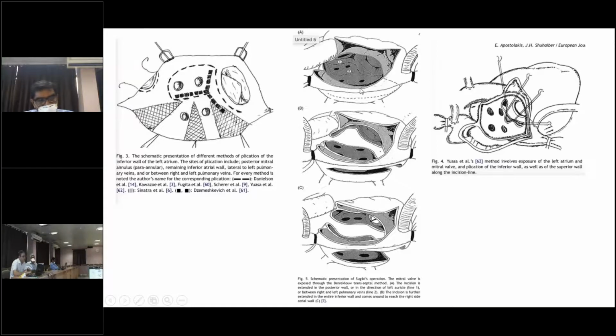This is the method which was proposed by Seguicki, which did the spiral resection of the left atrium and then restitch the left atrium. And this is again a technique which includes plication and left atrial resection.